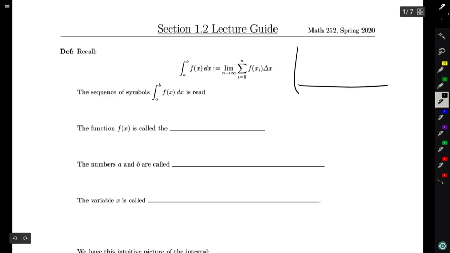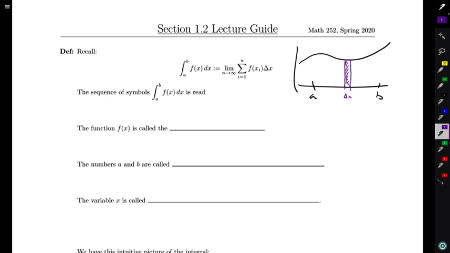So if we had our axis here and maybe our function f of x here, here's a, here's b, then what we did was we said, well, we want to split up the interval from a to b into a bunch of small rectangles, and we want to take one of those rectangles, which has width delta x, and we want to approximate the area under the curve by, say, picking the right endpoint and taking a small rectangle there, and using that to approximate the area between the left and right endpoint of this little interval here. And the smaller the width of that rectangle, the closer it is to the actual area.